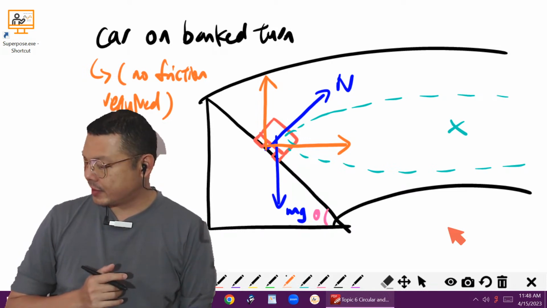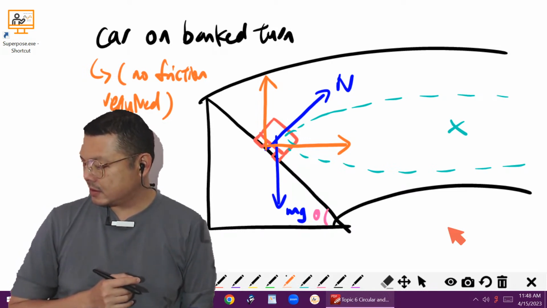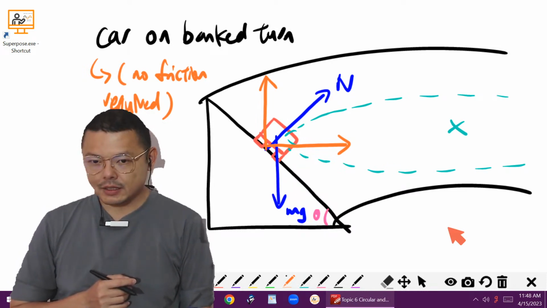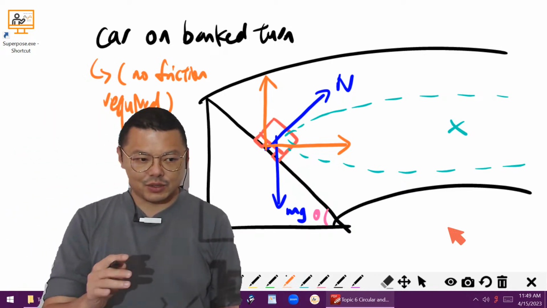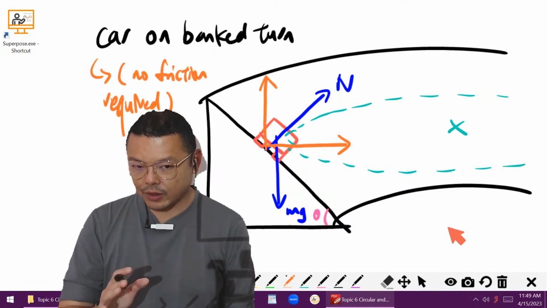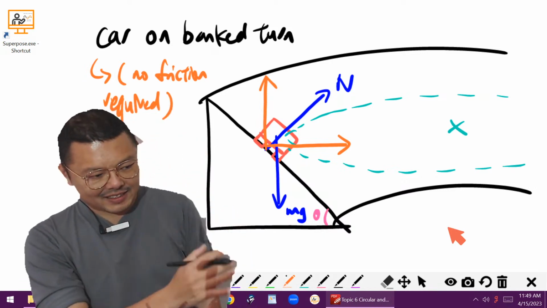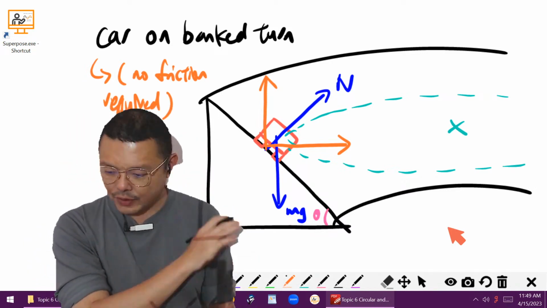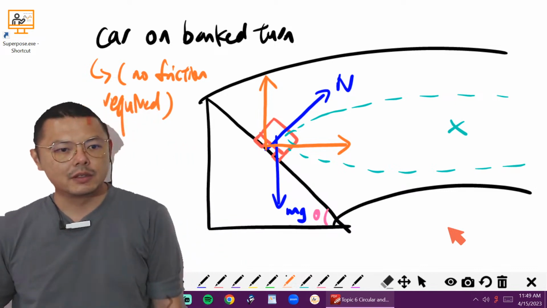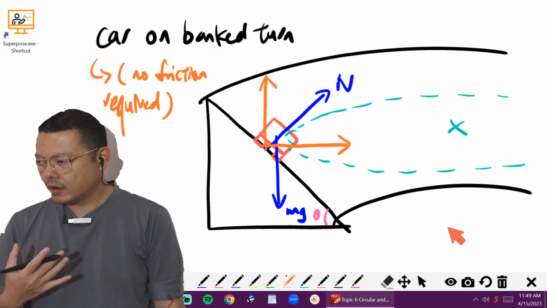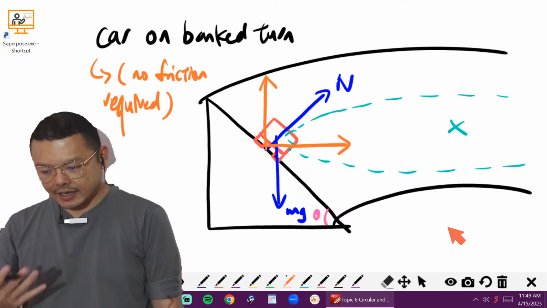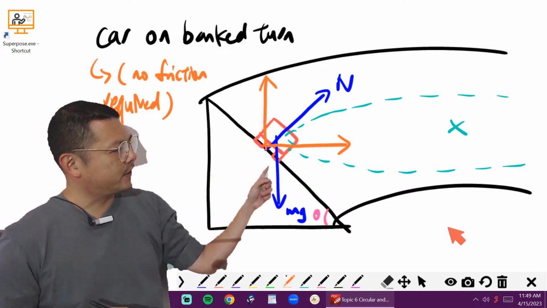So for this one here, there's no shortcut. I want you to work it out. There's no like sine is slope and C is contact force. I want you to work out the angle. Think of math, think of trigo, think of geometry. Think of where the angle is and then give me the components, these two orange components here.